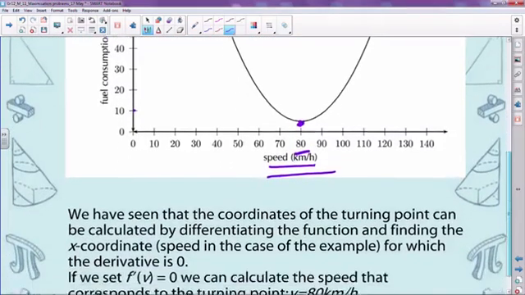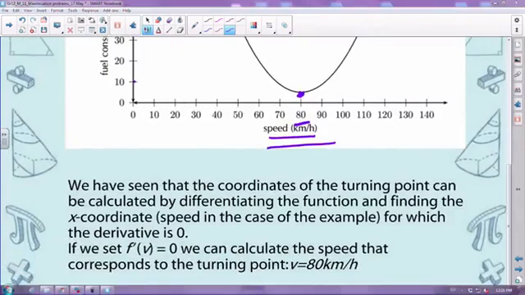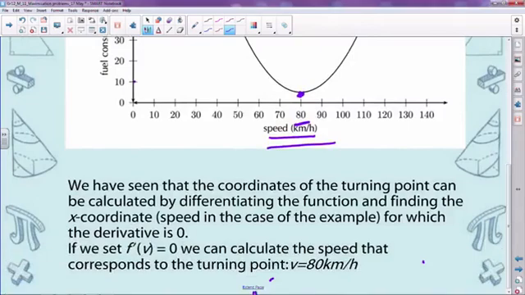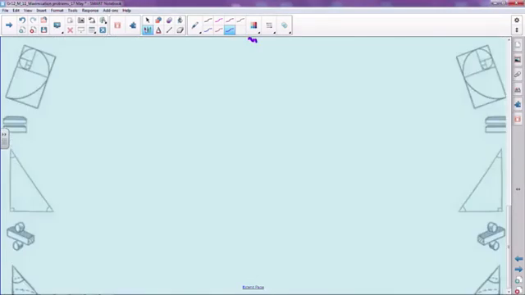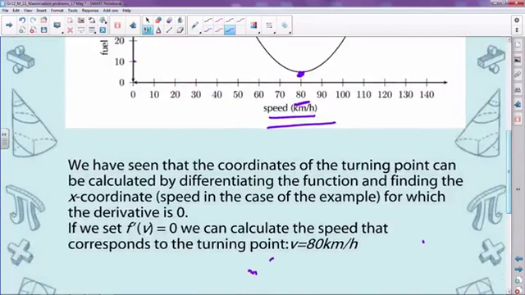All right, and remember we can also use calculus. We have used calculus to find the turning point of a cubic function, but you can also use calculus to work out the turning point of any function. Here the x-coordinate of the turning point can be calculated by differentiating the function, and finding the x-coordinate, the speed in this case, for which the derivative is equal to 0.